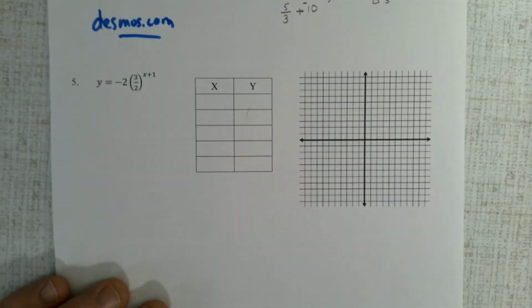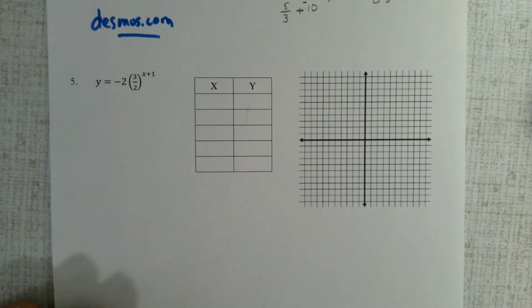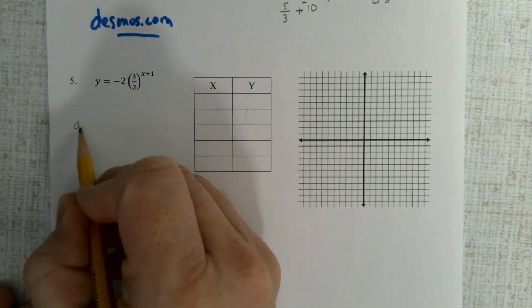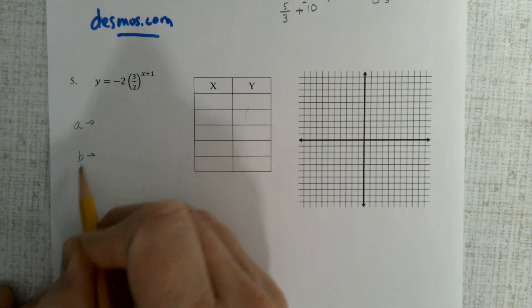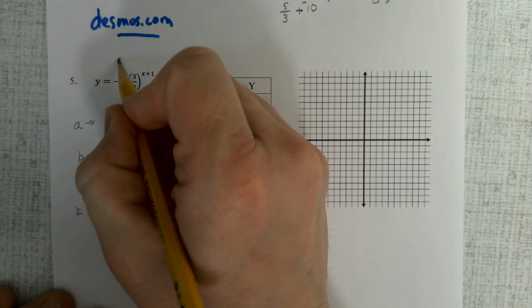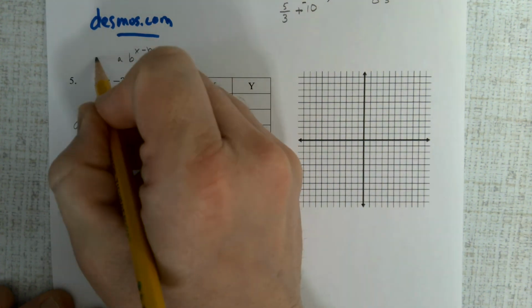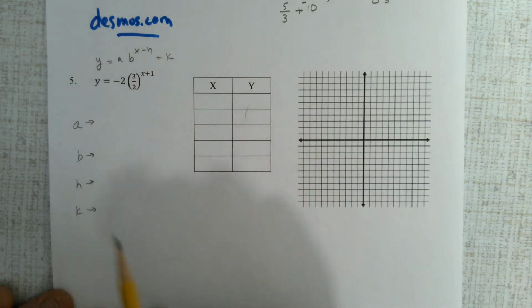Alright, let me give you a bit of help on number 5 right here. I'm not going to do all of it, but it's the same process. We have the A value, the B value, the H value, and the K value. Well, let me write that formula again. It's a standard form for an exponential equation.